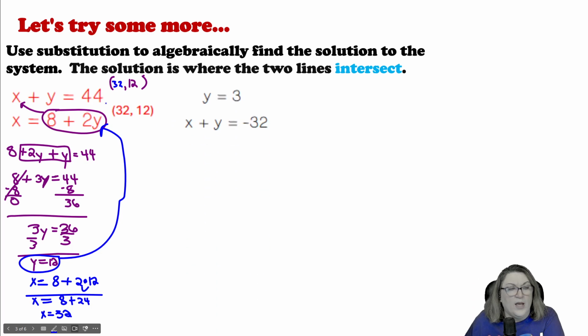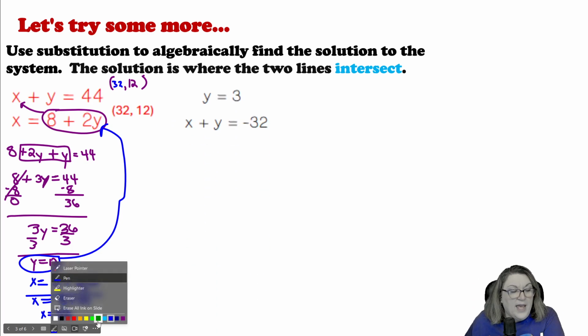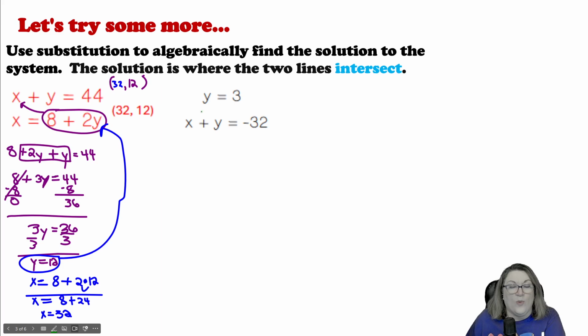Okay, here's another one. This one has y already solved. Like they're telling you right there, y is equal to 3. That means in our intersection point, our y is a 3, right? But because we know y, we could just substitute it right there in place of that y, and we end up with x plus 3 equaling negative 32.